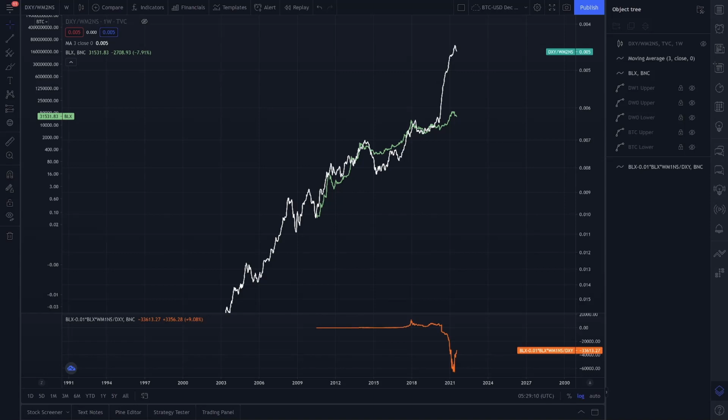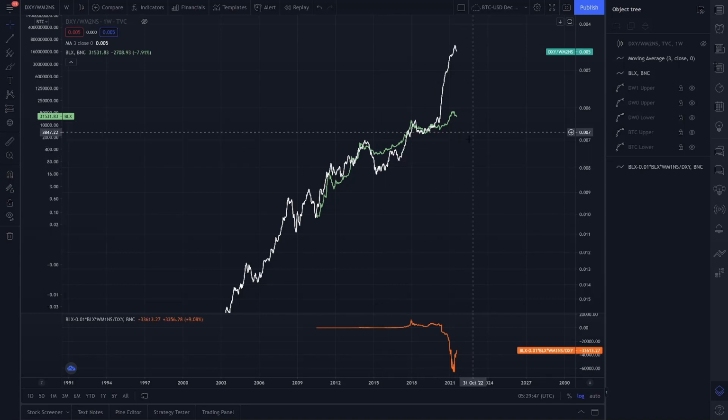So, to start off with, let's return to our correlation where we can see in green the Brave New Coin index, which is BTCUSD, and in white we can see our DXY for the M2 stock, which is our measure of value or relative strength through time of the US dollar, given its money supply.